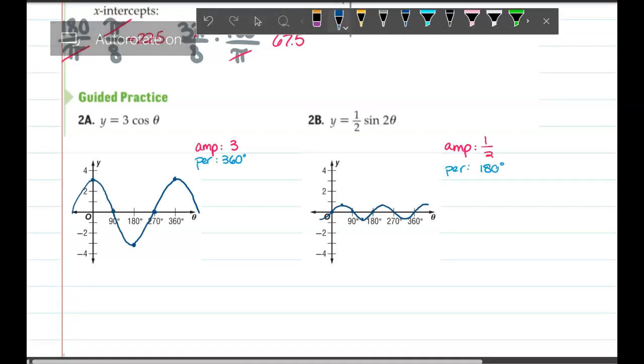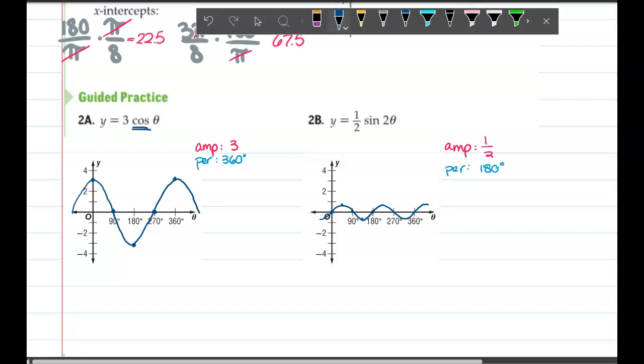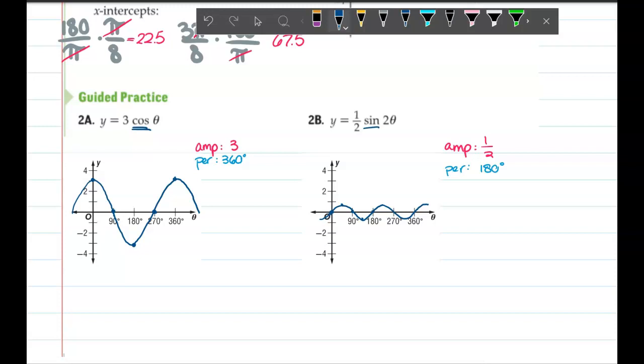All right, so once you know the amplitude and period for each of these, you know where they start. Cosine is going to start on the y-axis. Sine is going to start at the origin.